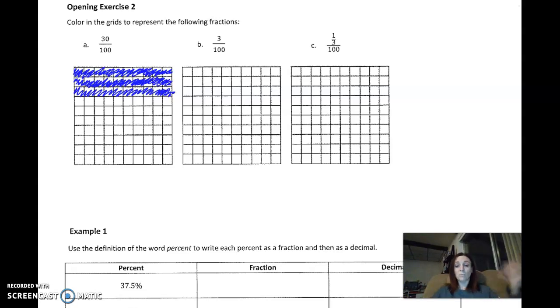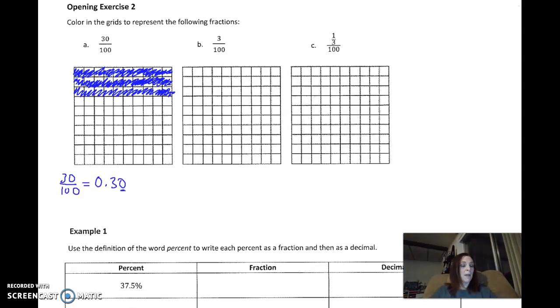Now let's see what's different. Remember, percent is part of a whole. So if I'm coloring 30 out of 100, that's 30 hundredths. If we say it correctly, 30 hundredths, I can write a decimal. This is in the hundredths spot, right?